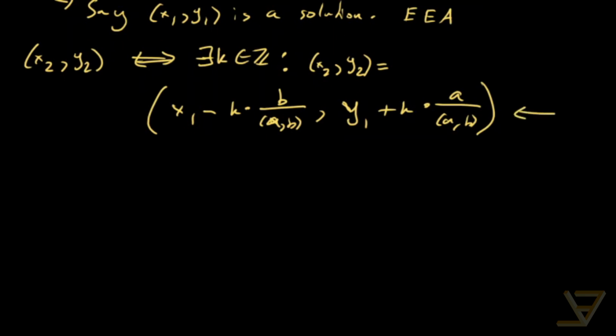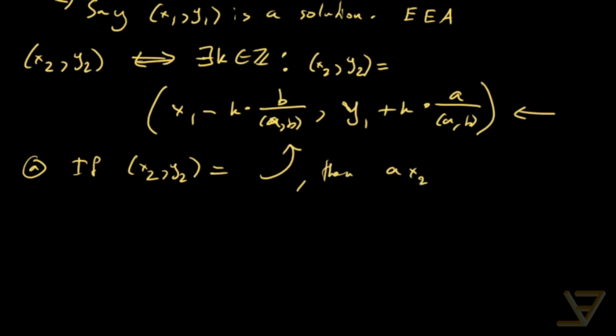So first of all, let's tackle the easy direction, which is that if x2, y2 is equal to this form, then ax2 plus by2 is equal to c, and that's easy to verify.